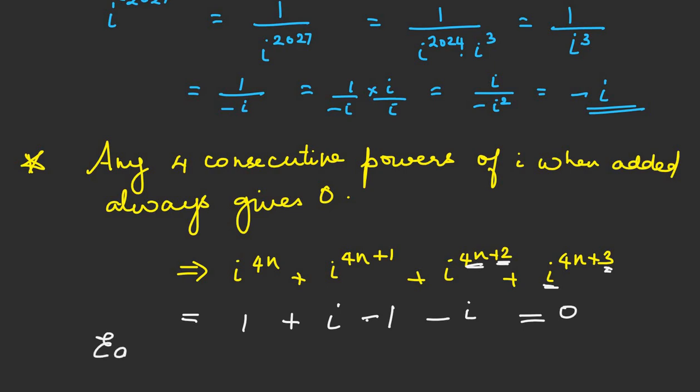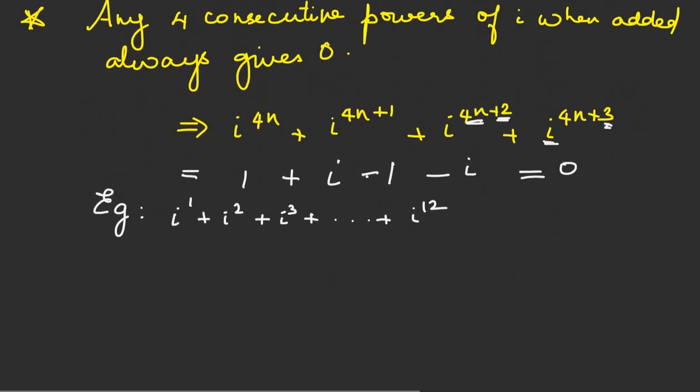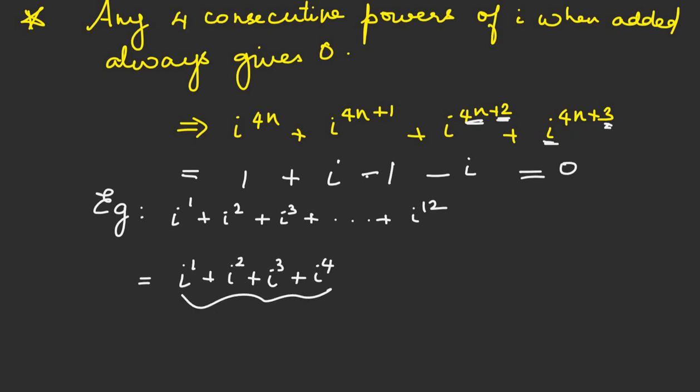For example, let us take the value of i power 1 plus i power 2 plus i power 3 plus and so on up to i power 12. Now let us see what is the value for this. This is equal to i power 1 plus i power 2 plus i power 3 plus i power 4, the sum of four consecutive terms. Next i power 5, i power 6, i power 7 plus i power 8.